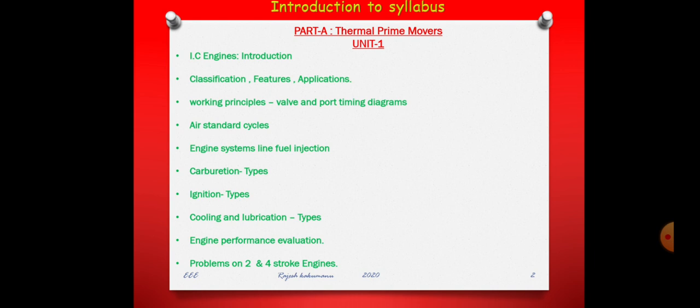Okay, next we will study the basic concepts of internal combustion engines. In internal combustion engines, the fuel and air-fuel mixture combustion takes place inside the cylinder. A heat engine converts chemical energy into thermal energy, and from thermal energy into mechanical energy.